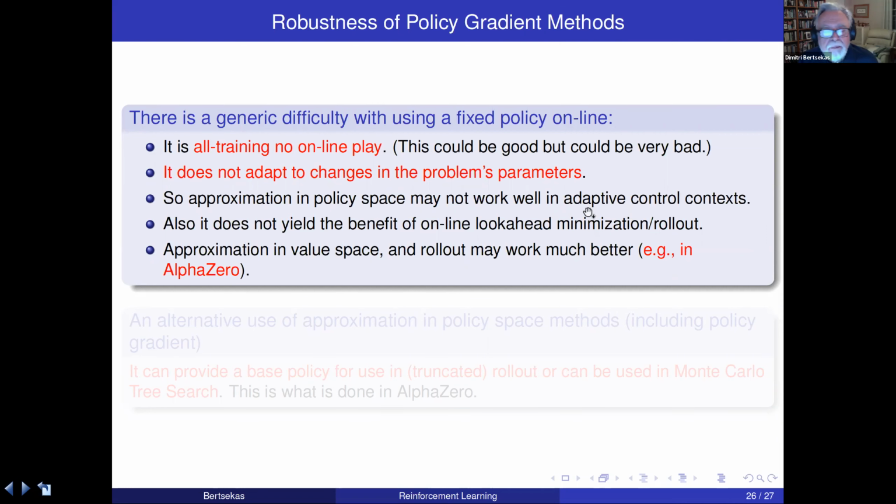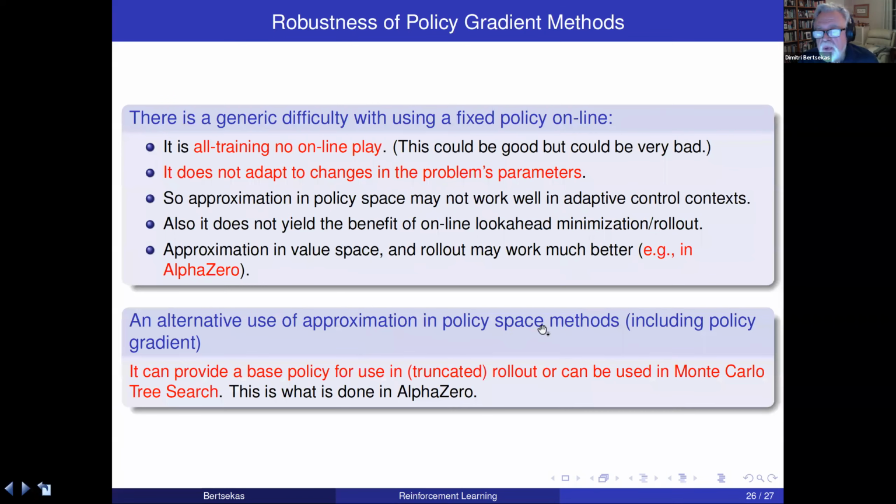So here's an alternative use of approximation in policy space, which is like what is done in AlphaZero. It can provide a base policy to be used in truncated rollout and multi-step look ahead, including possibly Monte Carlo tree search.